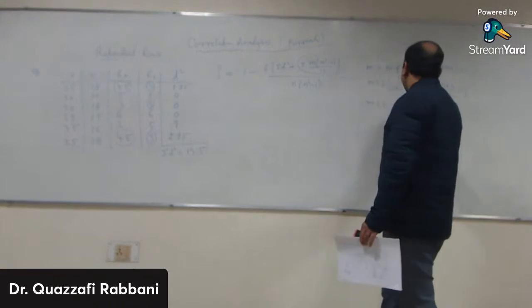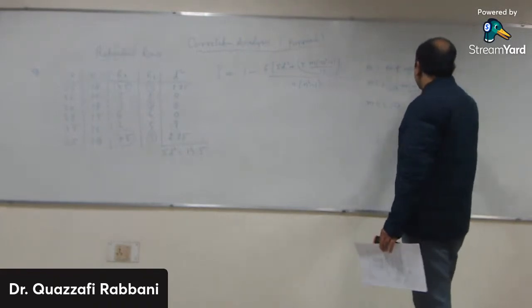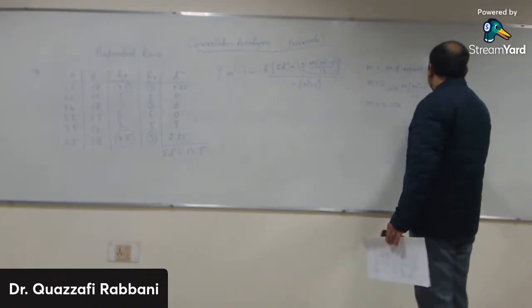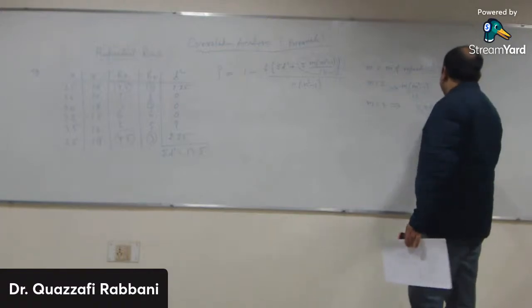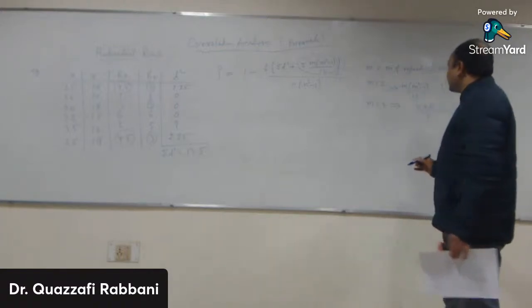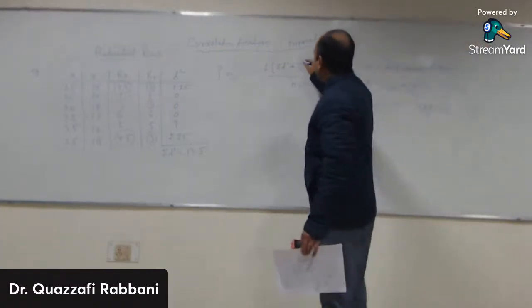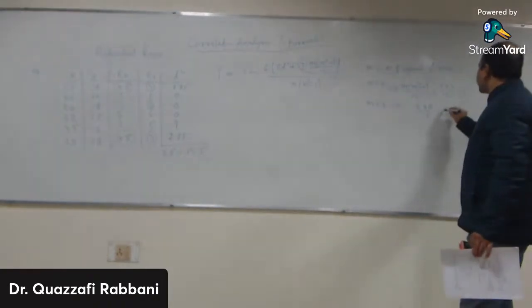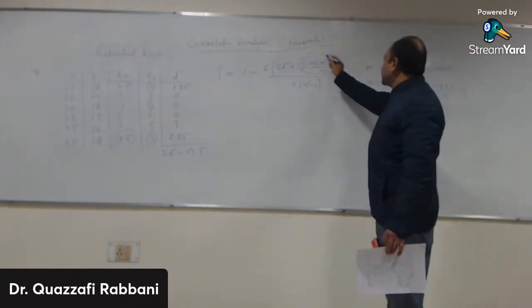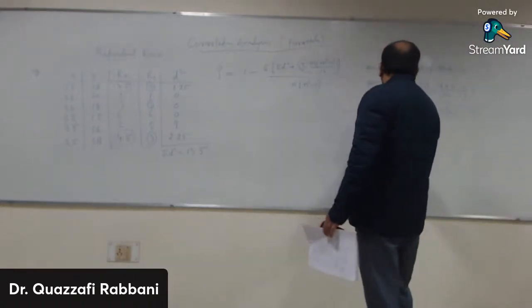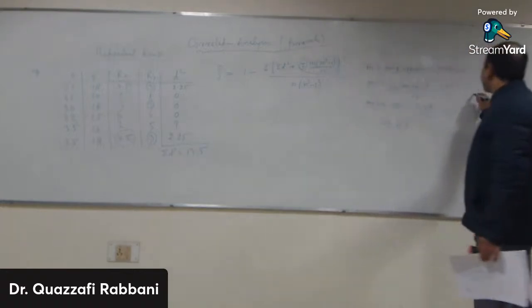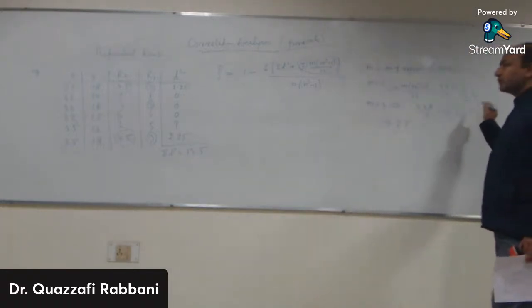From the correction factor m into m square minus 1 divided by 12, put m equal to 3, 3 into 8 divided by 12, and this is 2. Now this is the sum of these, 1 half and 2, so the whole term is equal to 2.5.